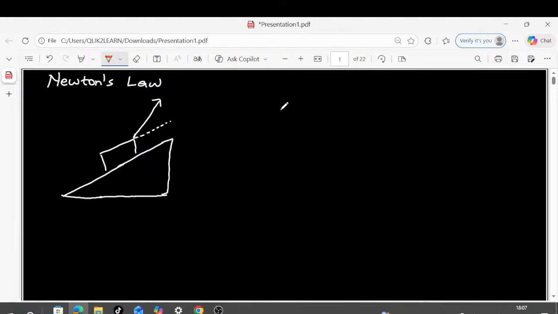This box has a mass of 50 kg, and the force is applied at an angle of 20 degrees. The F applied, the force on this box, is 600 newtons. Okay, so everything is good.